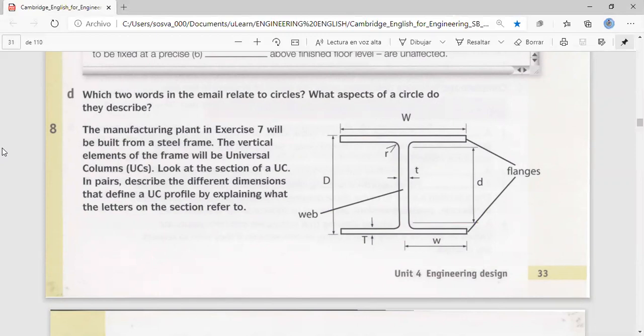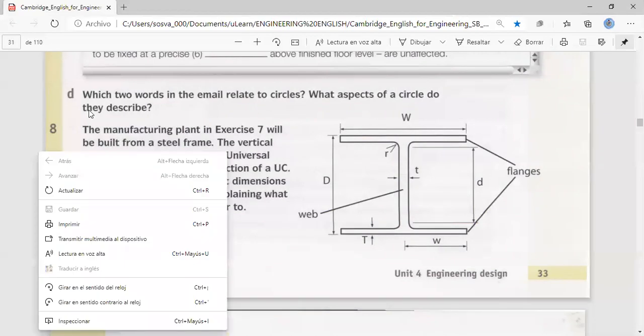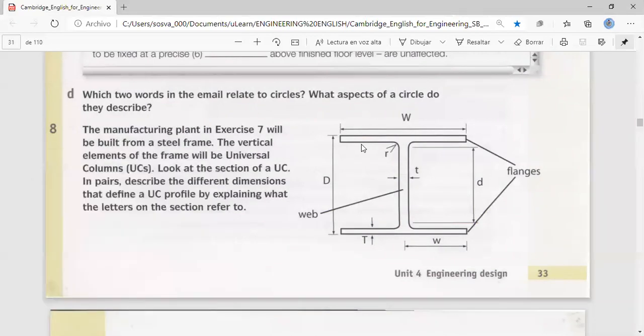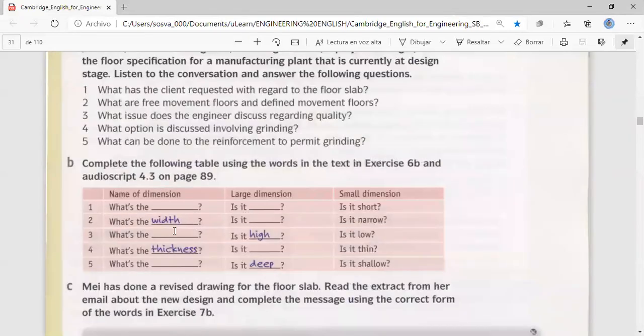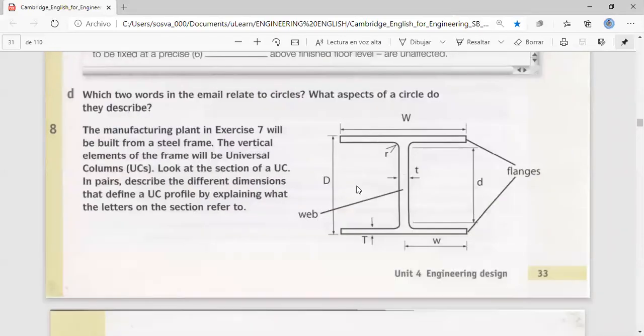Okay. And you have an R and the T and the flanges. But I think you're going to use the same words that we use in this exercise, wide, thickness. It's the same.